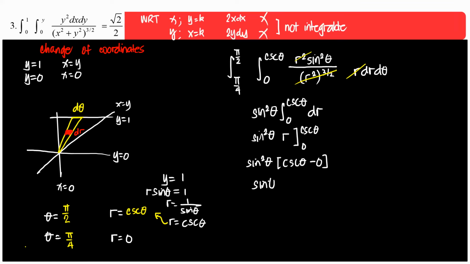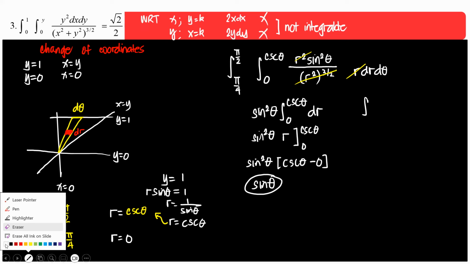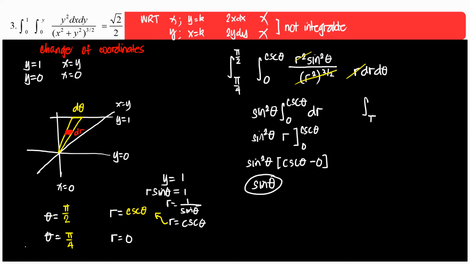So the answer is sine of theta. Since we still need to integrate this sine of theta from pi over 4 to pi over 2, sine theta d theta, this one would then be negative cosine of theta from pi over 4 to pi over 2.